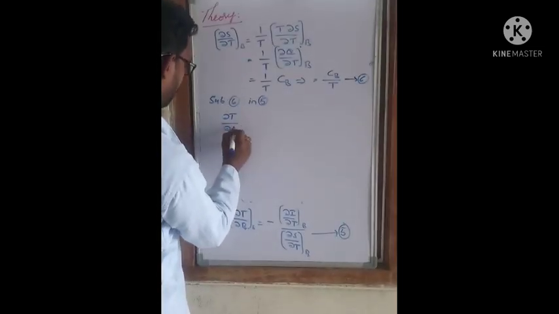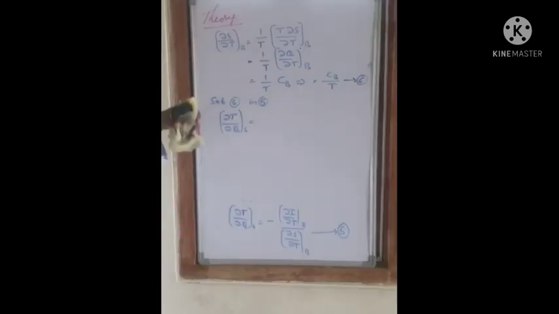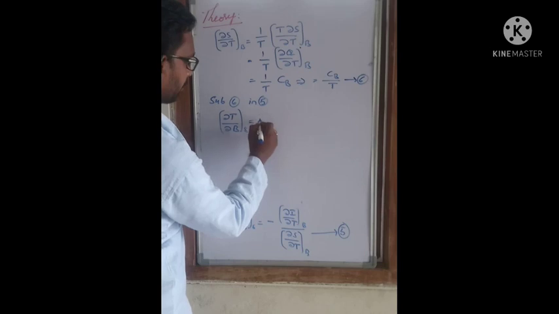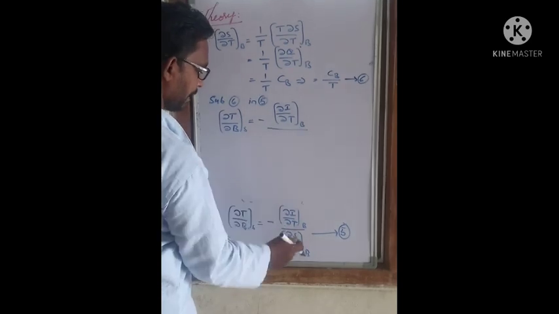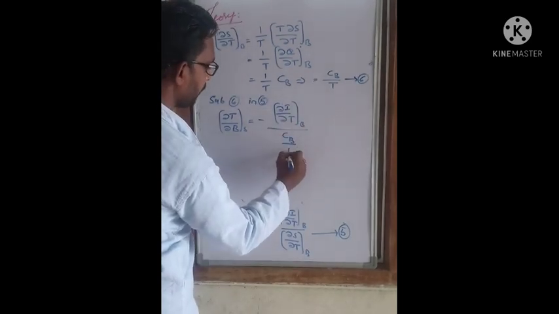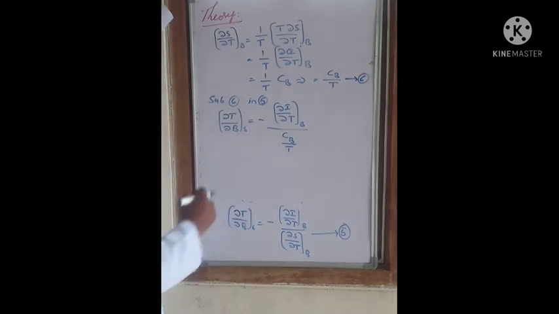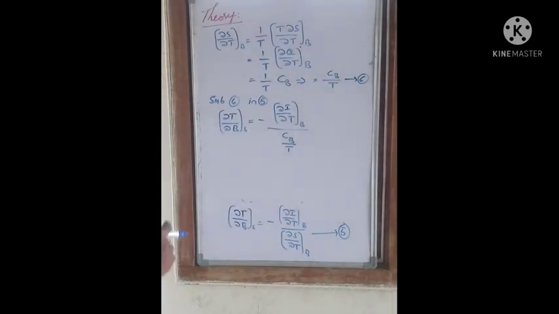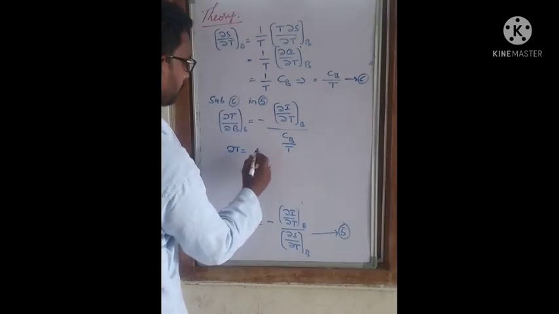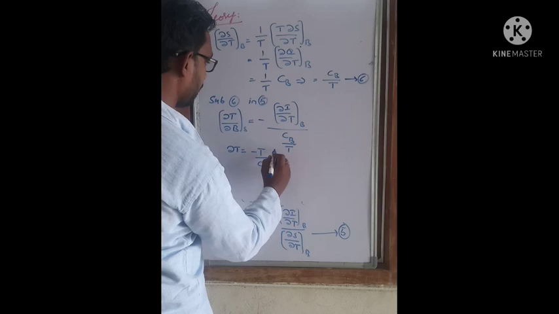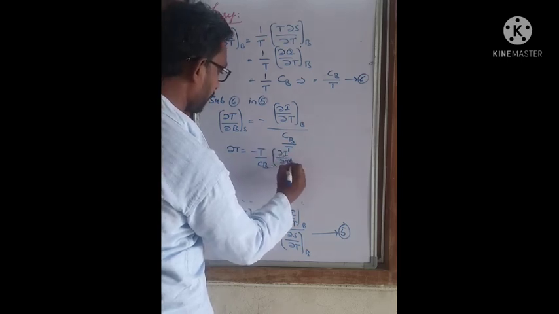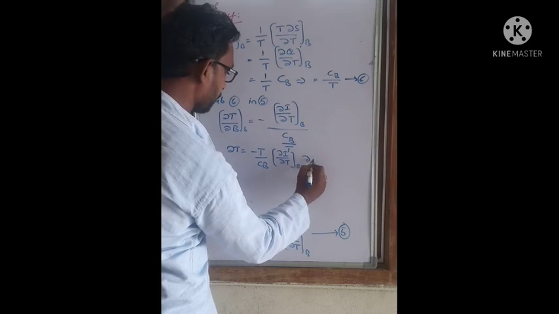Then we get ∂T/∂B at constant S equal to minus ∂I/∂T at constant B divided by C_B by T. So finally we get dT equal to minus T by C_B times ∂I/∂T at constant B times dB.